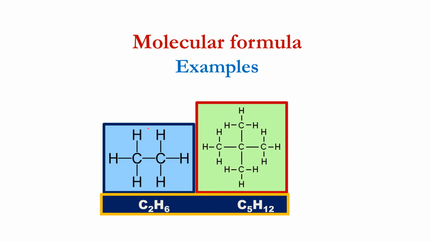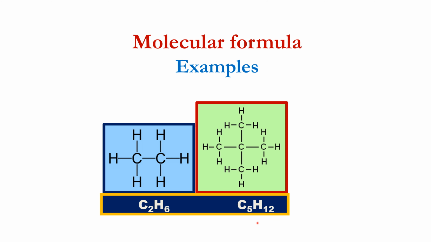For example, here, this is the structure of ethane, and this is the molecular formula of ethane. So the molecular formula of ethane is C2H6. Looking at this molecular formula, you can see that there are two carbon atoms and six hydrogen atoms, as you can see here in the structure.